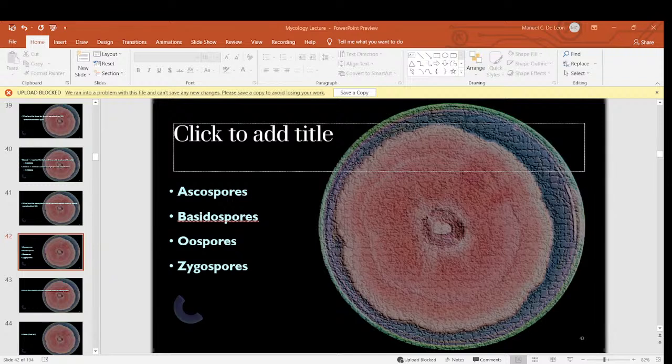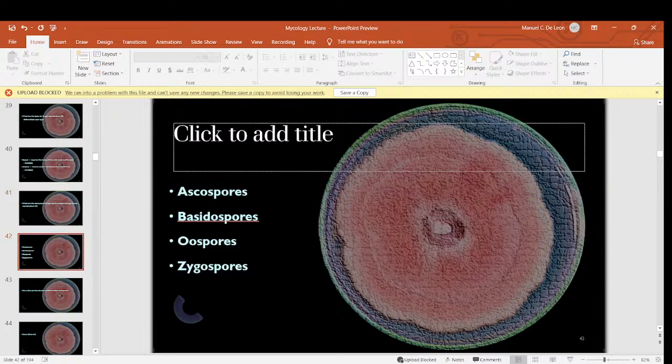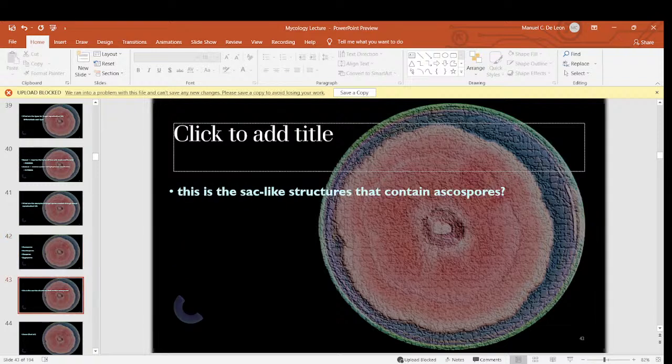All right. So, where were we? The types of sexual spores that are produced by a fungus. Okay, so we have four types: ascospores, basidiospores, oospores, and zygospores. Just change the prefix on these things, and you will be able to understand them easily. These are sac-like structures that contain ascospores. I already told you, guys, it's the ascus.